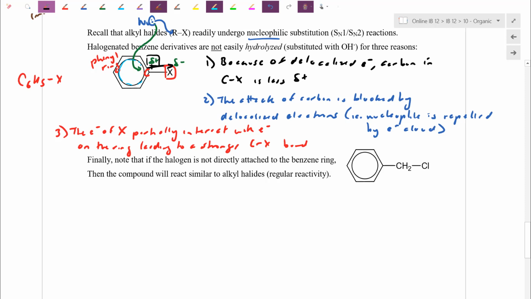Experimentally, it's the bond enthalpy that matters more. In this case, the electrons on the X and these electrons on the ring end up making this bond stronger than it otherwise would be in other compounds. Because of that, even though we have a nucleophile like hydroxide that is really, really strong, benzene derivatives are not really easy to substitute.